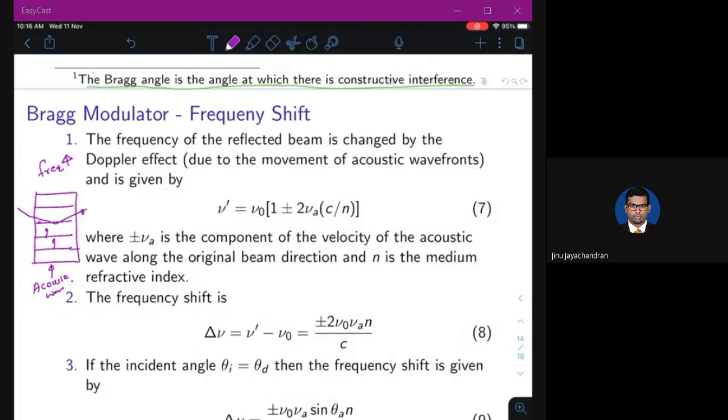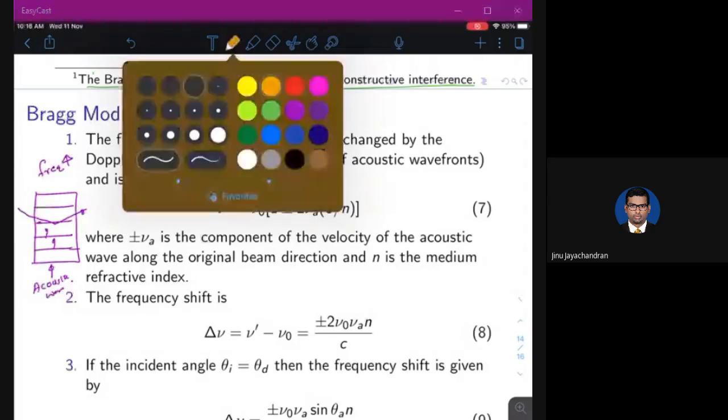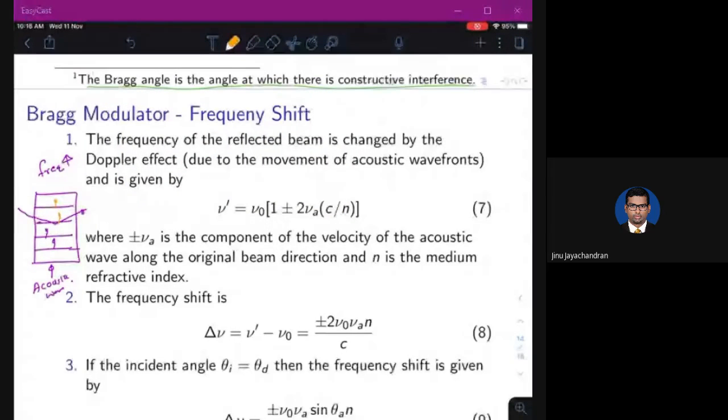So you see there is a change in relative motion because this wavefront keeps on moving. If you take the incident wave and the diffracted wave, there is a relative motion because of the change in refractive index, caused by the acoustic wave frequency.